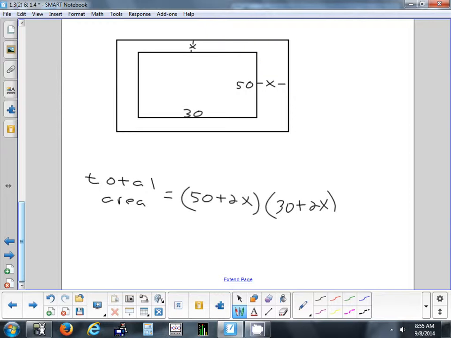Okay, if we're going to use the calculator to solve it, we might not need to FOIL it, but let's do it out. So Andrew, what's 50 times 30? 1,500. Yep, 1,500. And we've got 50 times 2x, that's 100x. 2x times 30, that's 60x, so that's 160x.